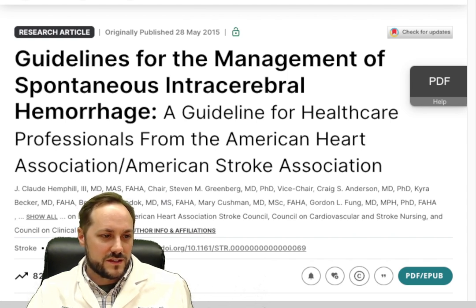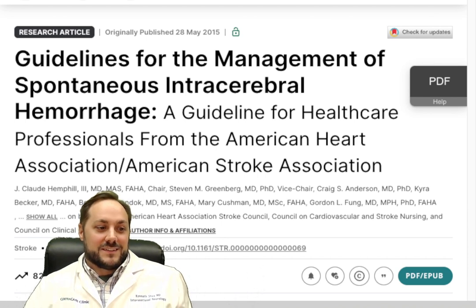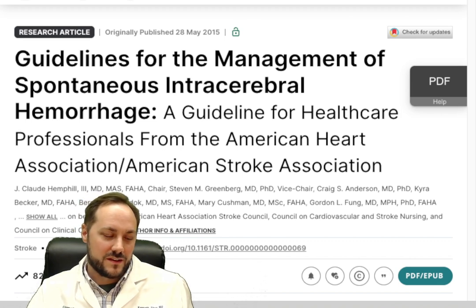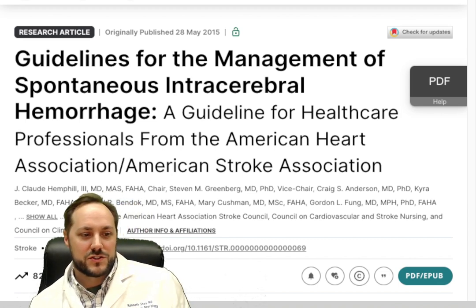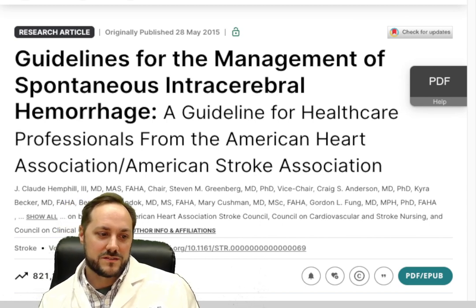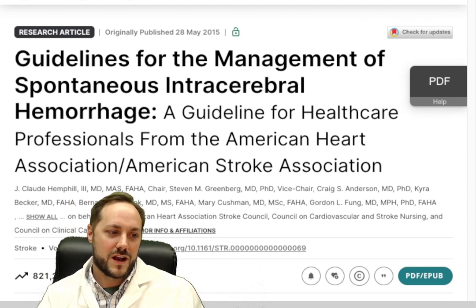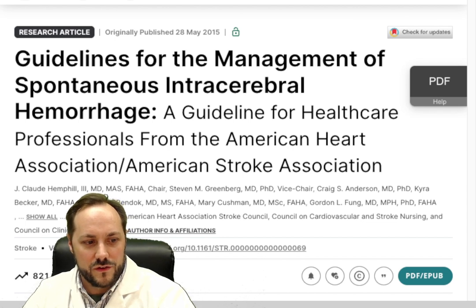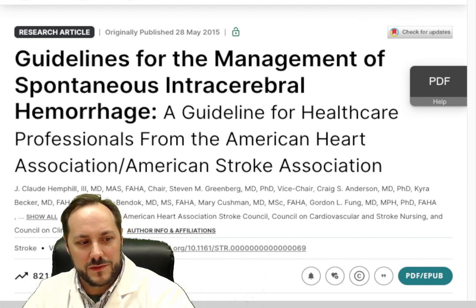They also say that in patients with CSF outflow obstruction caused by hydrocephalus, CSF drainage should be considered, and hematoma evacuation and decompressive craniectomy are options for treating elevated ICP. So it seems like they have kind of a generic recommendation.